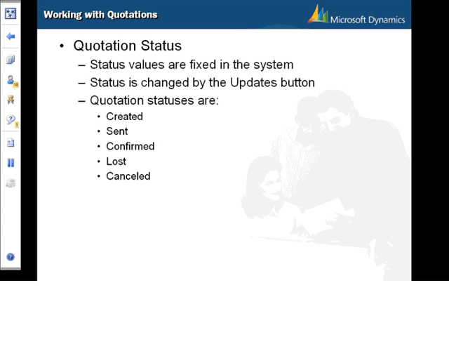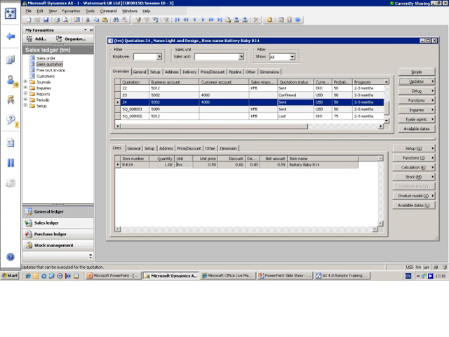Before converting a quotation to the sales order, manually convert the business relation to the customer using the Convert to Customer option in the Functions button. So before confirming the quotation, we have to attach our business account on the quotation to the customer account.